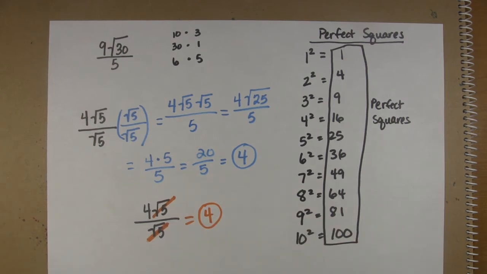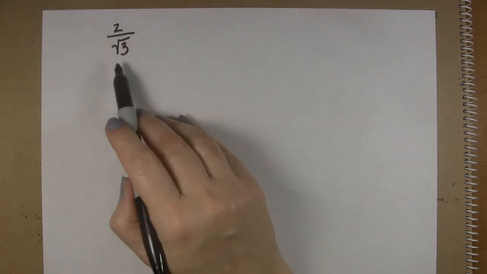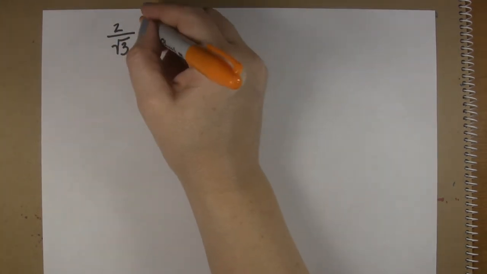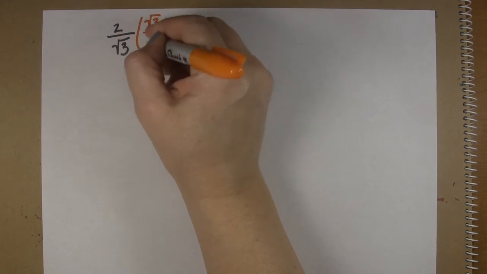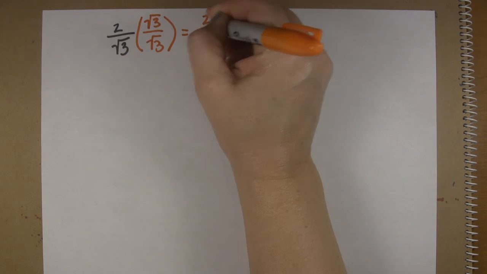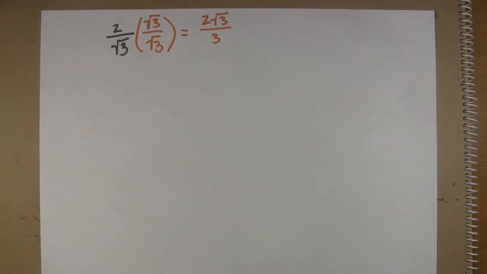Okay, there's one more thing that I want to show you about rationalizing the denominator. So far, we have learned that if you have a fraction with a square root in the bottom, you multiply it by itself, and that has the effect of erasing that radical sign in the denominator.